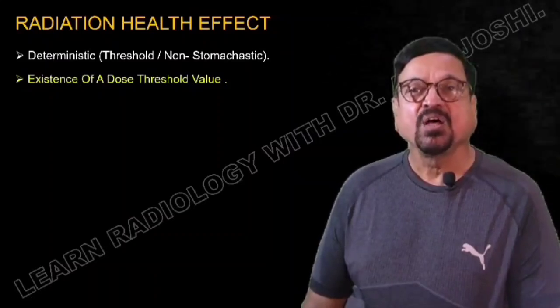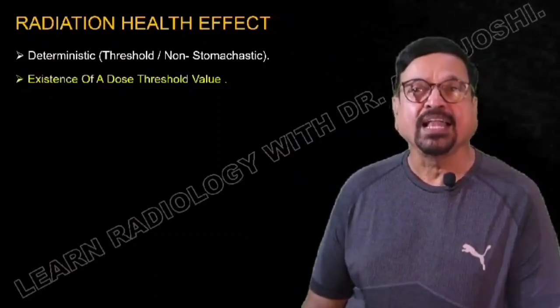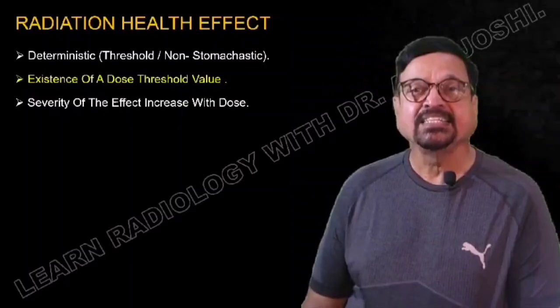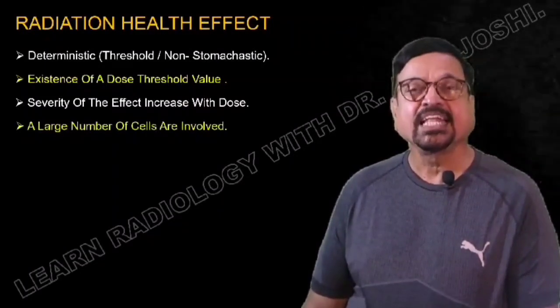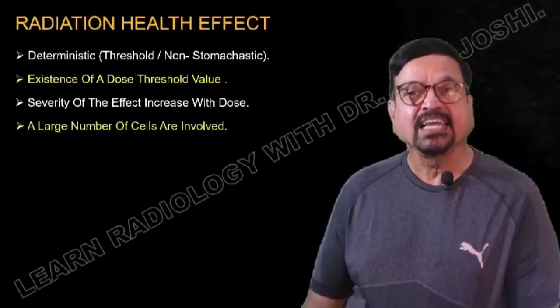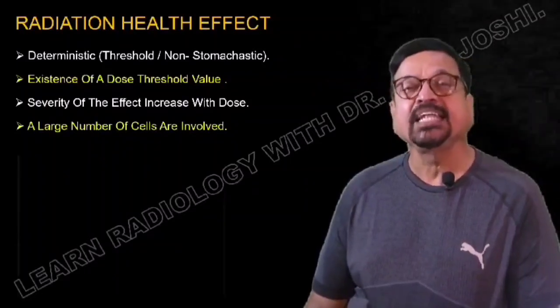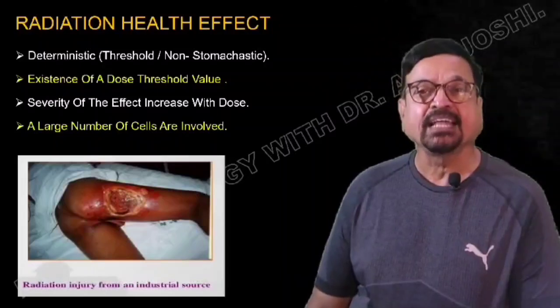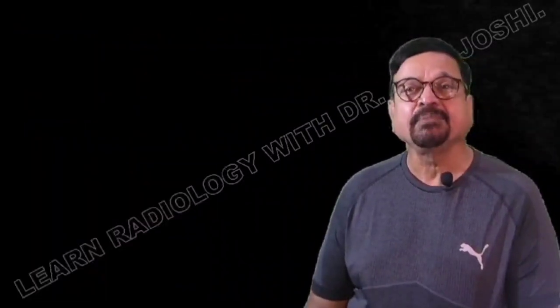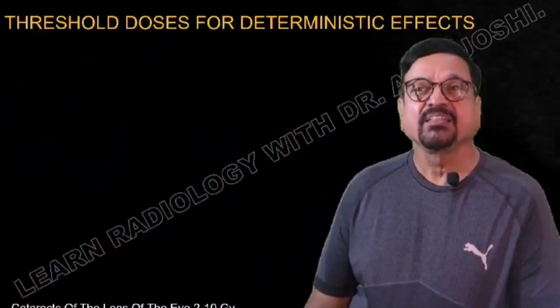Then there is the existence of a dose threshold value, then the severity of the effect increasing with dose. Then, if a large number of cells are involved, what will be the radiation effect on them? This is just to show you that radiation effect can be very severe, and the picture shows it.